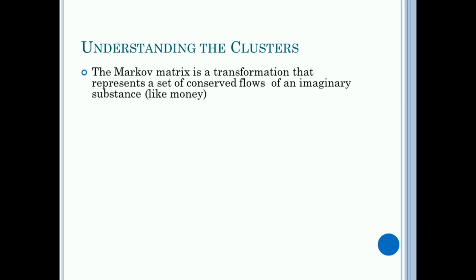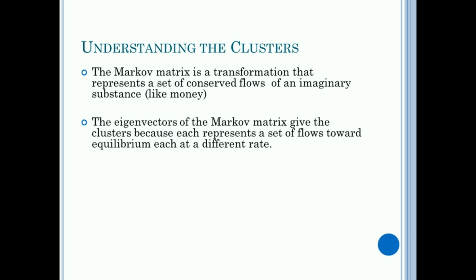The Markov matrix leaves the sum constant. Now, the eigenvectors represent combinations of nodes or clusters that approach equilibrium at a constant exponential rate given by the eigenvalue. That kind of makes sense. That's like normal modes of oscillation for a set of coupled harmonic oscillators.